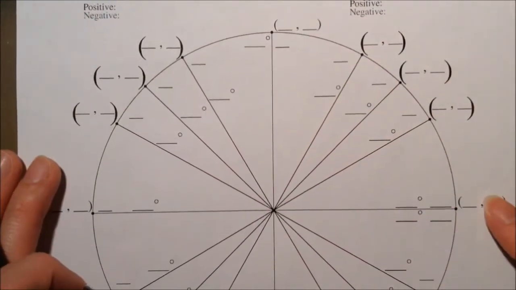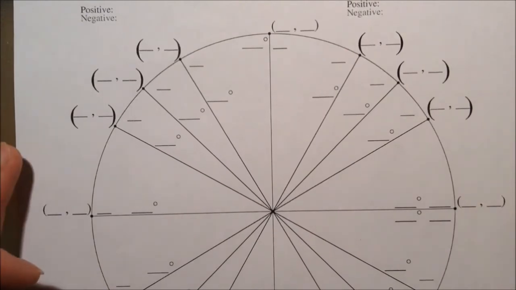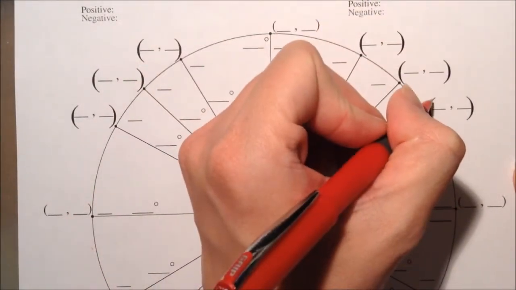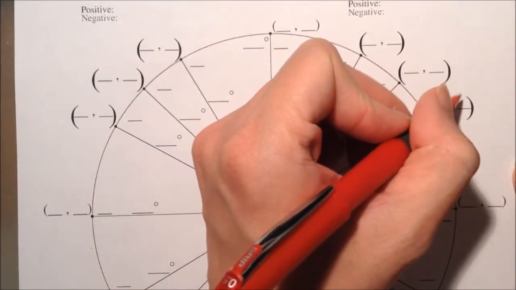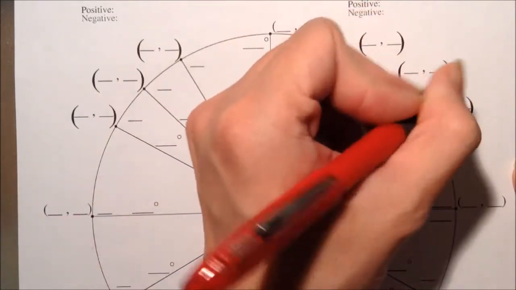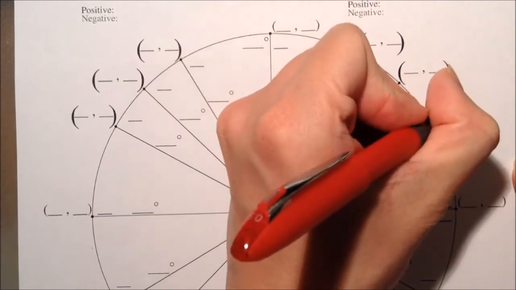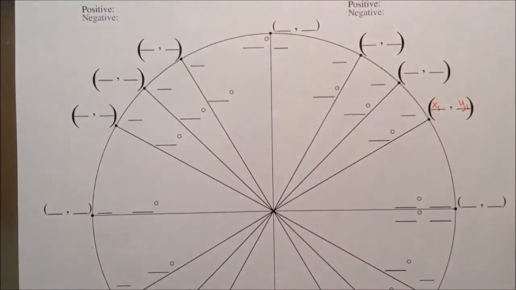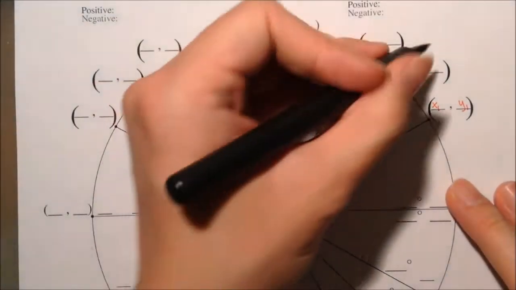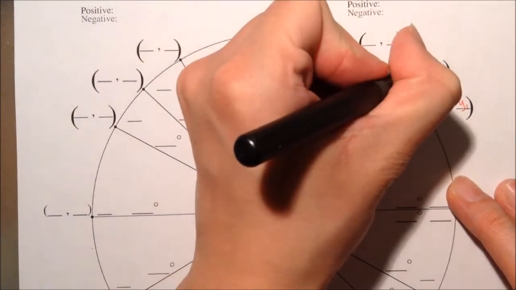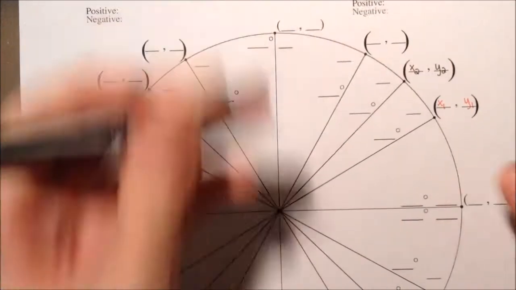So if we're trying to memorize, let's connect the dots. Let's name this one. Again, I mentioned how cosine theta is the x value and sine theta is the y value. So let's write our x1 and y1. My second one, let's say given an x value, so x2 and y2.